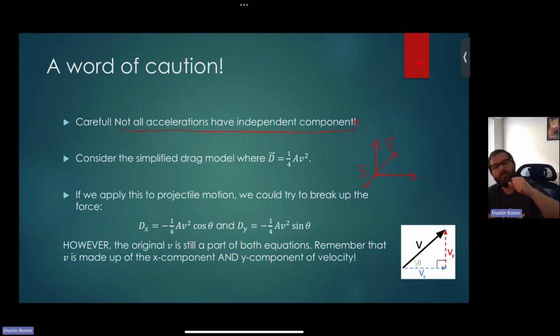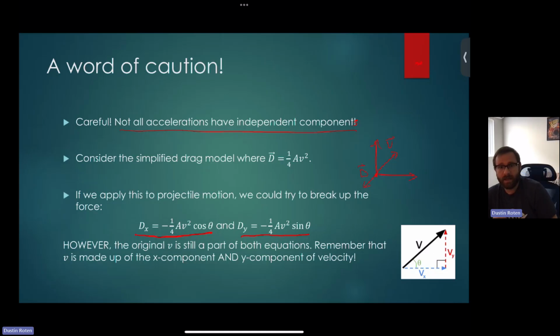Now, if we try to come up with the x and y components of drag, we could maybe try and write it like this. The x component would be the cosine piece of drag and be negative because it's opposing the direction. The y component, we could write with sine theta, because sine gives us the y component generally.